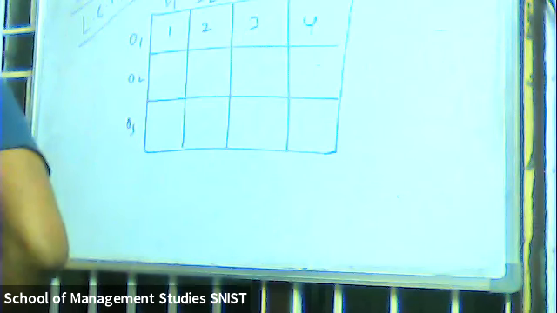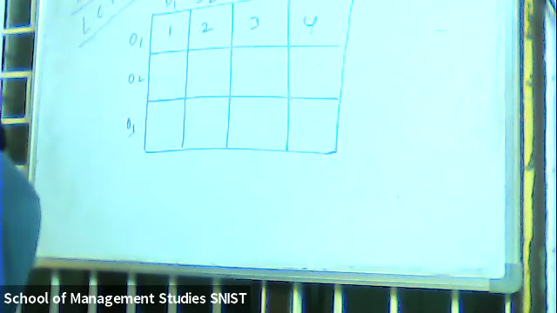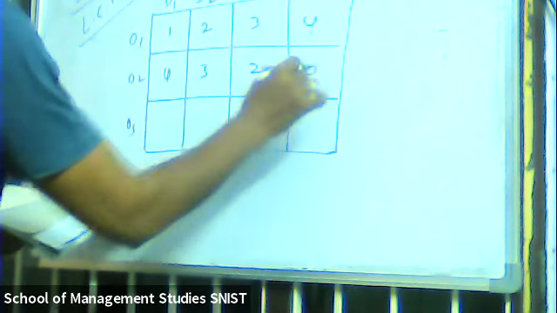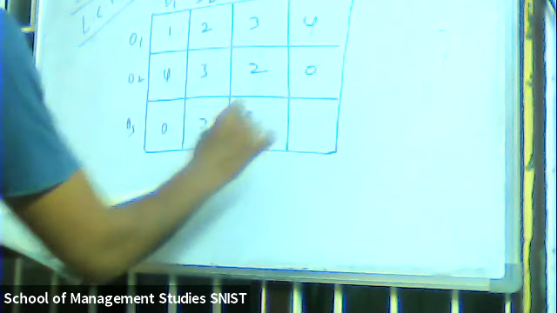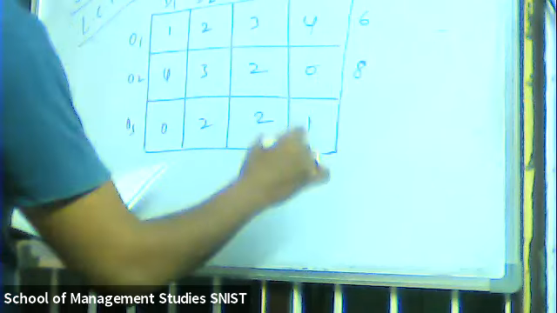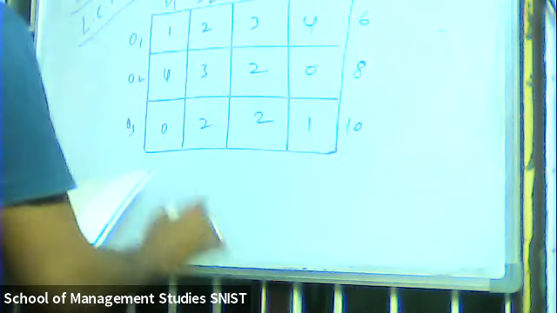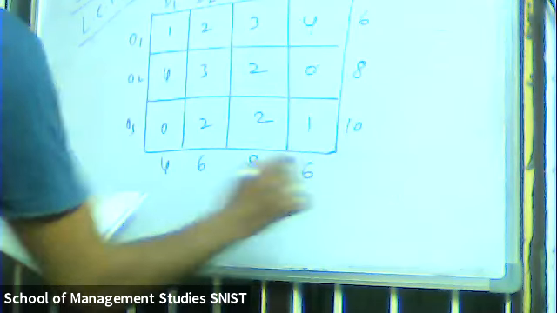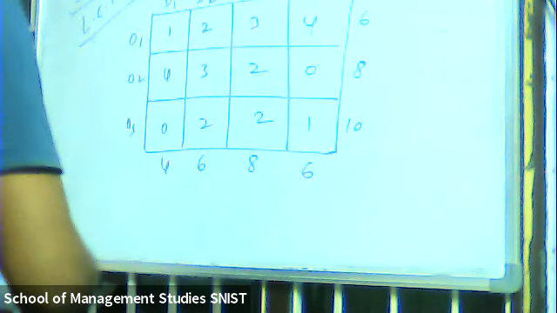Okay. 4, 3, 2, 0. 0, 2, 2, 1. 6, 8, 10, 4, 6, 8, 6.